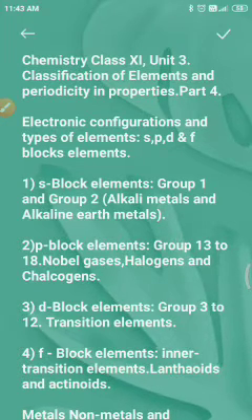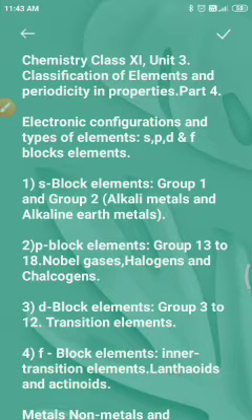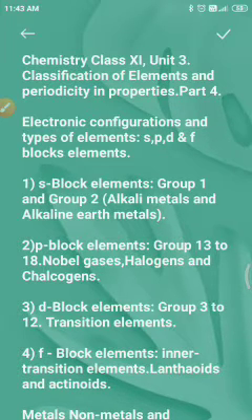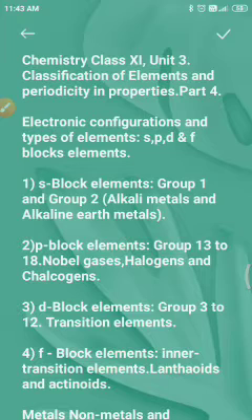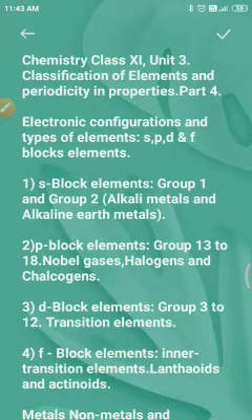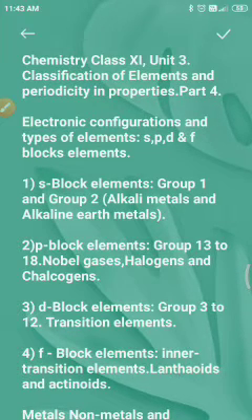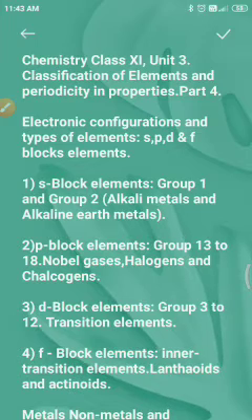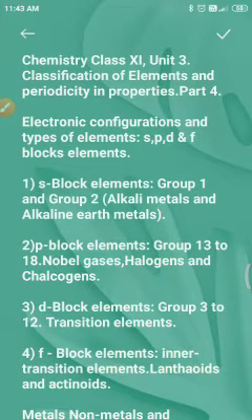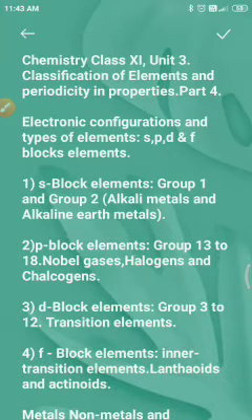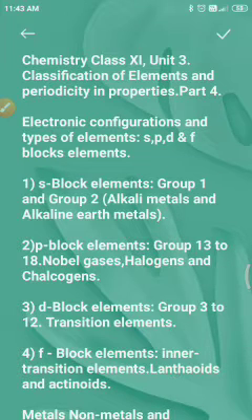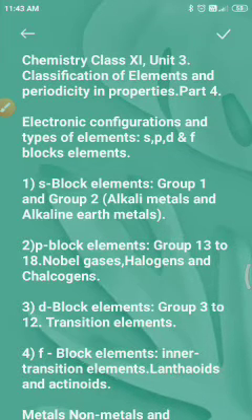The elements in a vertical column of the periodic table constitute a group or family and exhibit similar chemical behavior. This similarity arises because these elements have the same number and same distribution of electrons in the outermost orbitals.